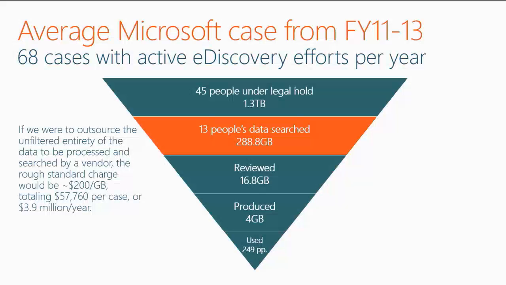This is just processing, right? And so with 68 cases, we're talking about $3.9 million a year in processing charges. If we were to take 68 cases, 288 gigs per case, hand that all off at $200 a gig, $3.9 million a year.